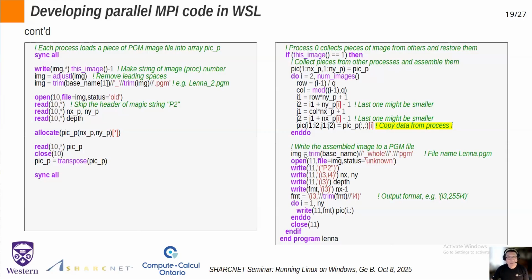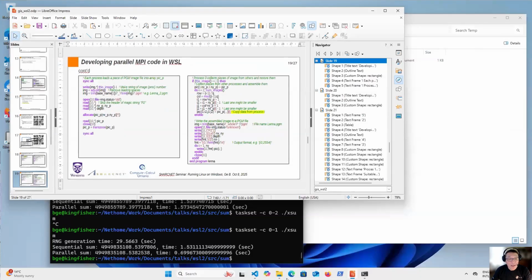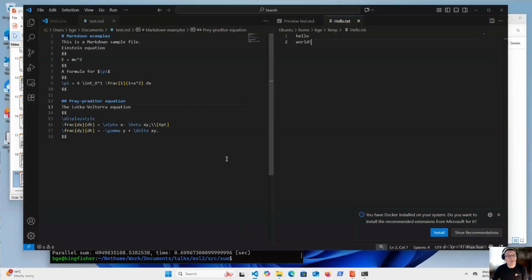And then the master process will write this assembled image from the whole array back to the whole image. That's what it does. Before I show that, let me just get back to Visual Studio Code again.